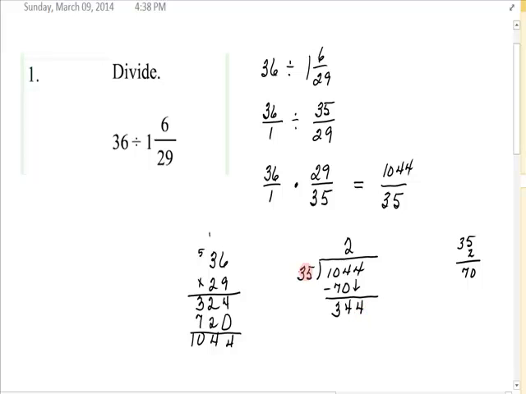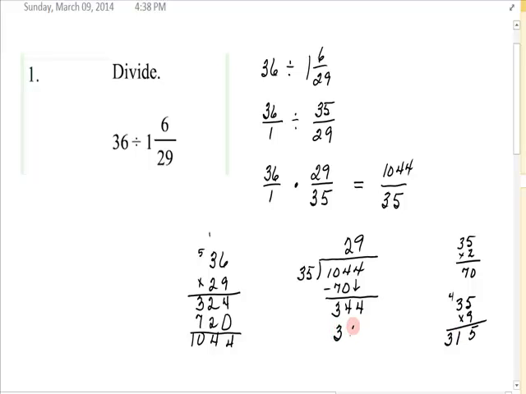Bring down a 4. Now that should go in there a lot of times. I'm going to guess 9. So then I see 35 times 9, and that was multiplication. 9 times 5 is 45, carry the 4. 9 times 3 is 27, and 4 more makes 31.